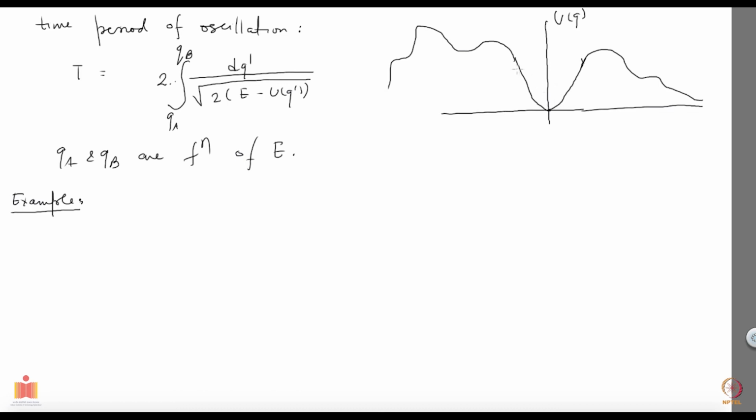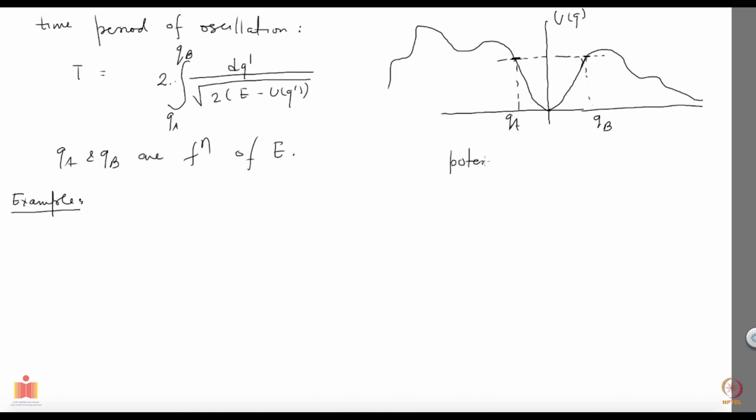But as far as, let's say, this point, this is lying on a horizontal axis between point A and point B. So QA, QB, between these 2 points, it is a symmetric potential. Okay, so that's one assumption. So let me write it down.